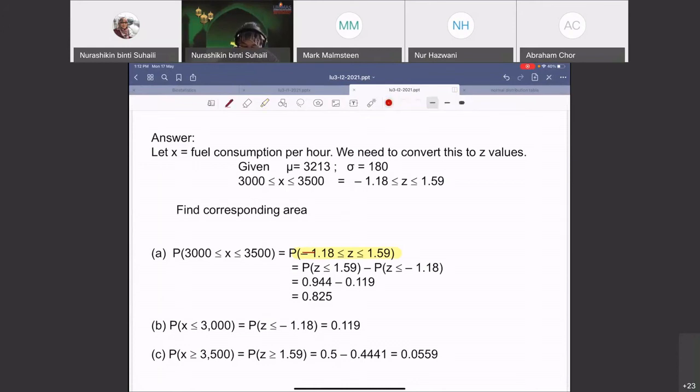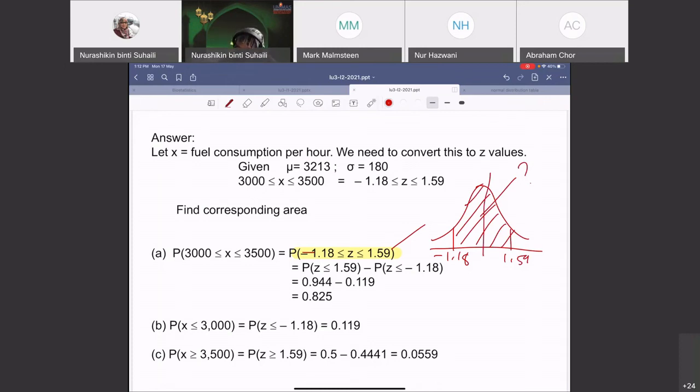In order to understand what you're looking for, as I said, sketch the things. So it's actually between 1.18 and 1.59. This is the area that you are looking for. So how do you find this? You solve it accordingly.